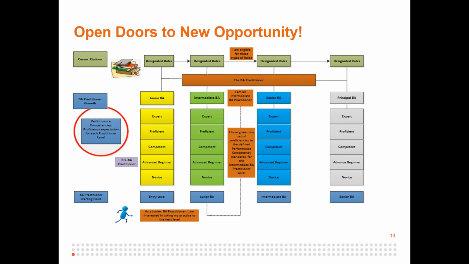There's lots of information in this picture, but really it's opening those opportunities by first identifying the skill gaps, closing those skill gaps, elevating to another level, and opening doors to new opportunities.